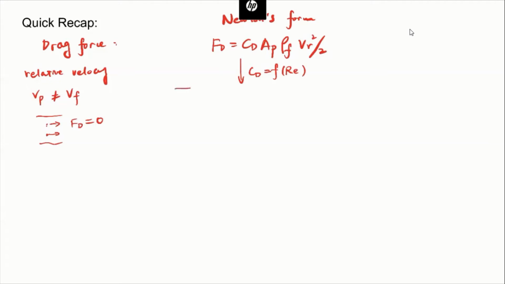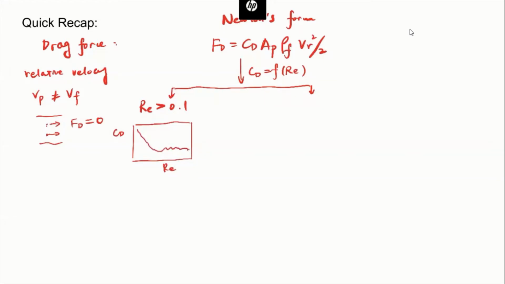So if we divide these scenarios, we have the high Reynolds number. If Reynolds number is larger than 0.1, remember that graph where the C_D is a function of Reynolds number. You have this straight part here, and then you have something here. We're talking about this regime.